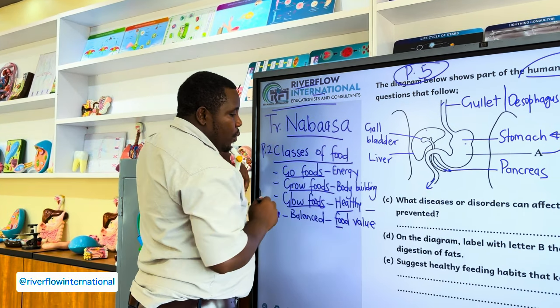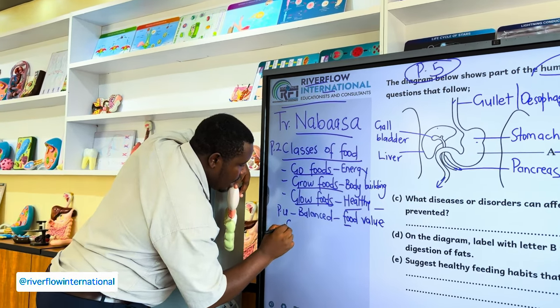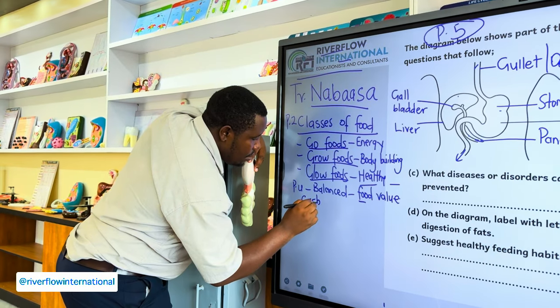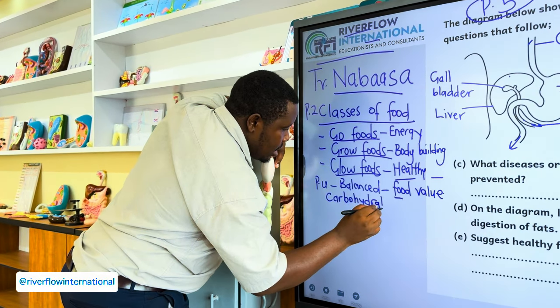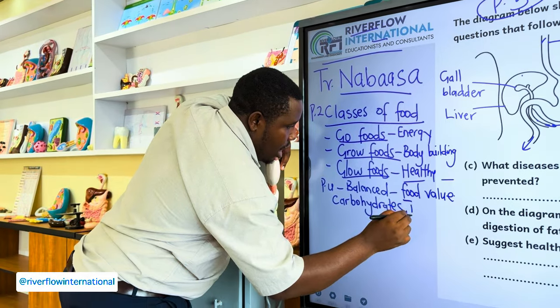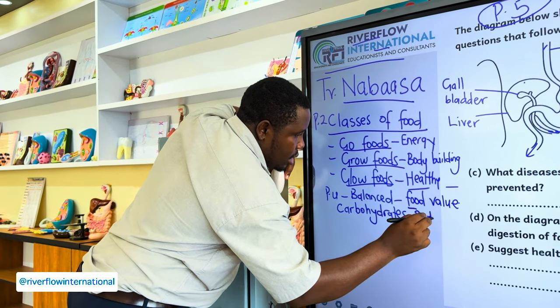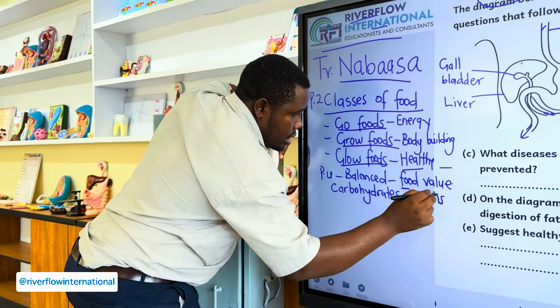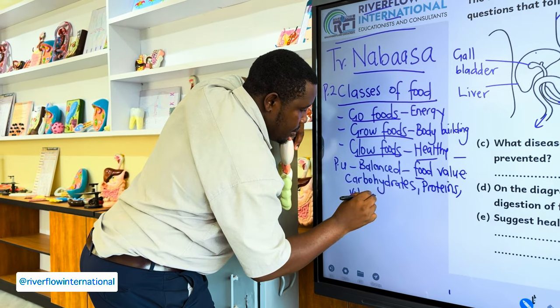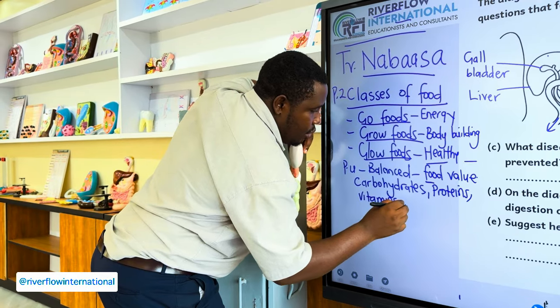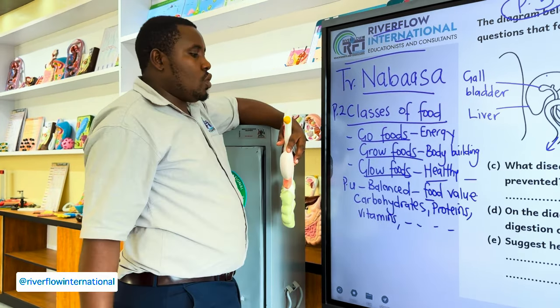So, for example, the food values include carbohydrates. Then you have proteins. Then you have vitamins. Then you have water, you have mineral salts, and so on.